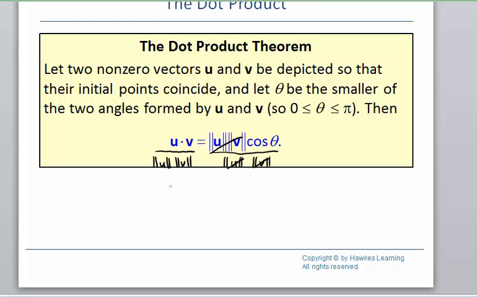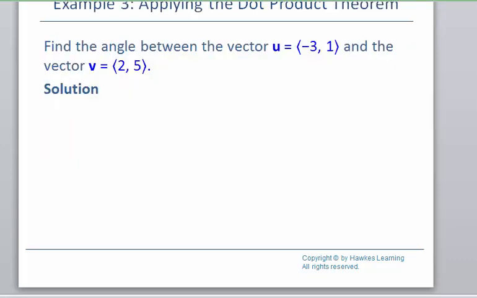All right, so let's look at an example and see how we use that theorem. I'm going to very quickly write down what we had on the other screen. We had that the cosine of the angle was equal to the dot product of u and v divided by the magnitude of u times the magnitude of v.